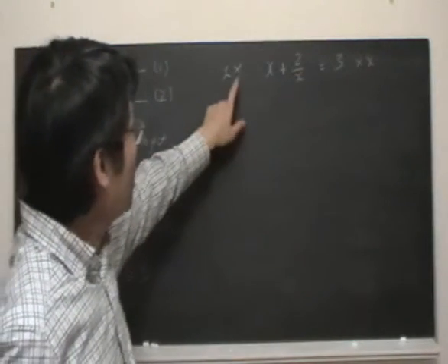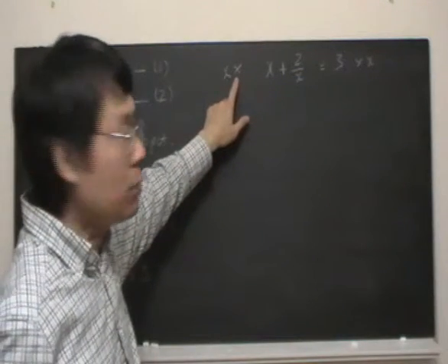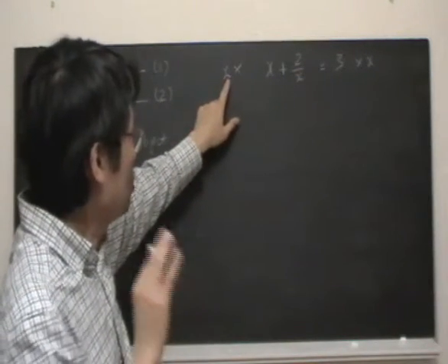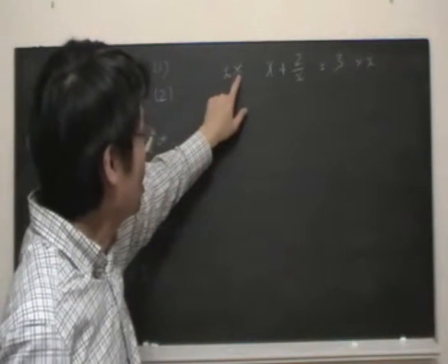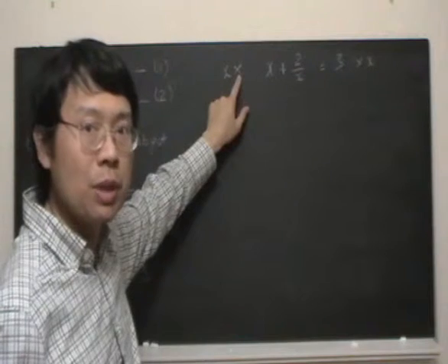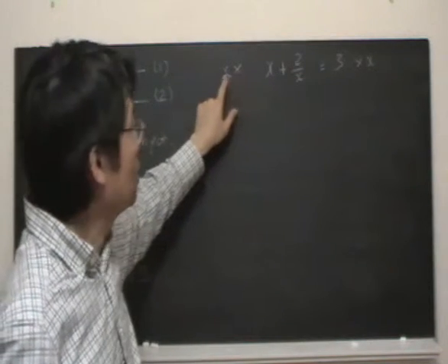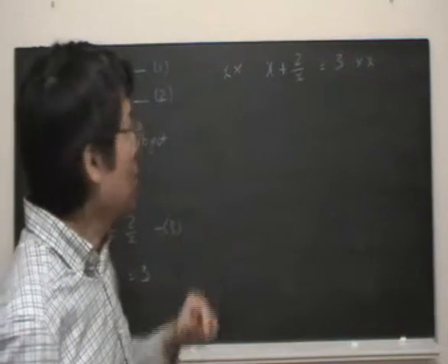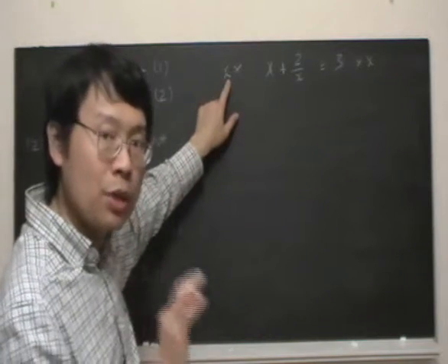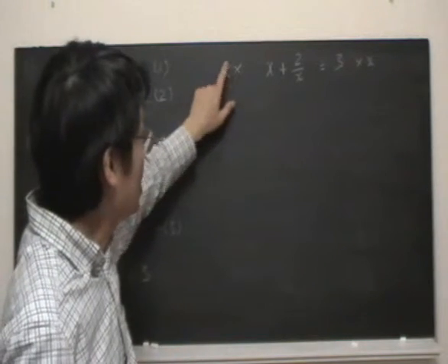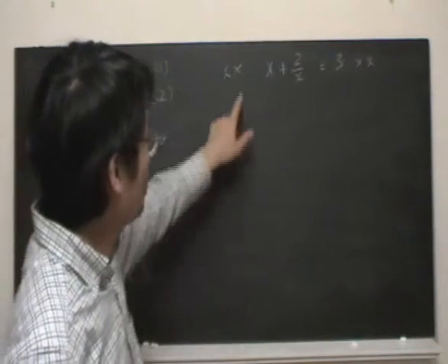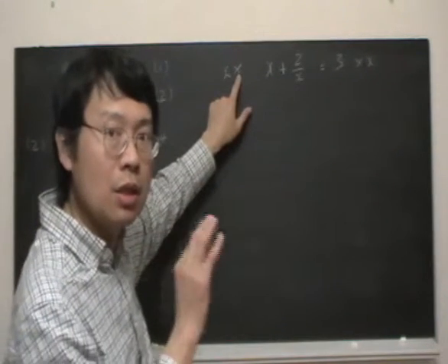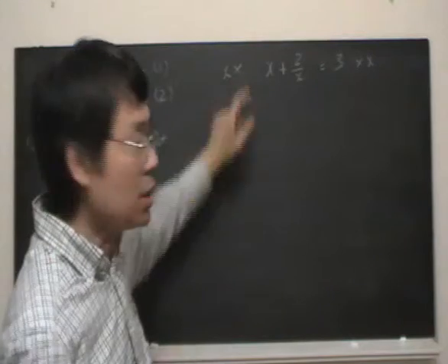As before, be careful to tell the difference between x and the multiplication sign. They look the same, and I try to make them different by using a curly x, instead of the cross, which I just use for the multiplication.